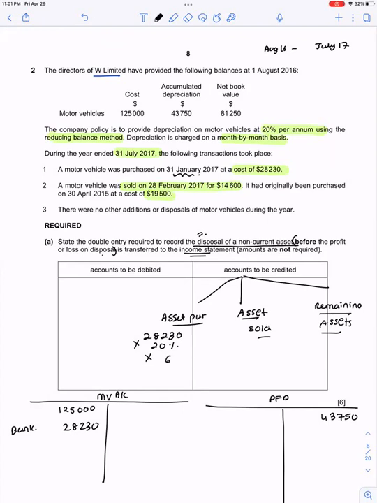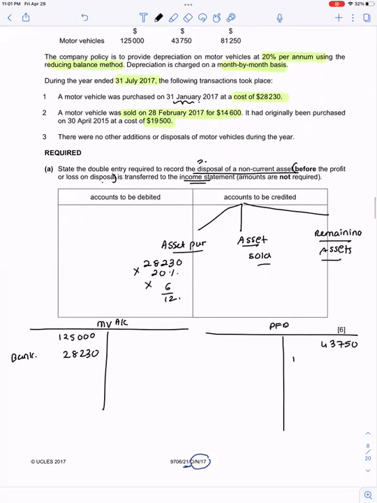Calculate how much it comes to. 28,230 into 20% into 6 divided by 12. So it is 2,823. This is for the asset that I have purchased. My depreciation is 2,823. Are you with me?